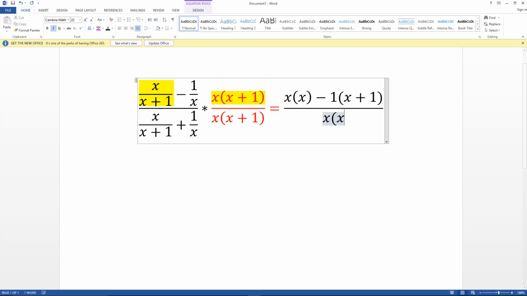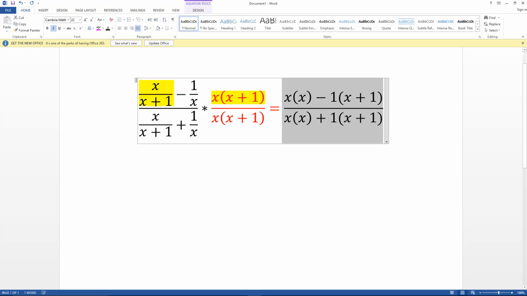X. Right? What sign is it here? Plus. Do the exact same thing. X times all of this right here at the bottom, what cancels out? X. Leaving you with what? X plus 1 and x plus 1. Right. 1 times x plus 1.